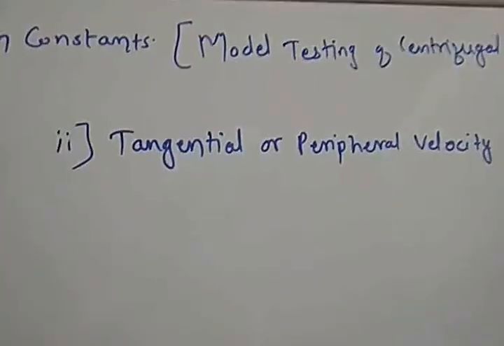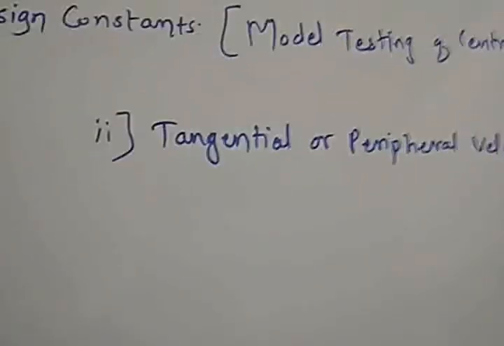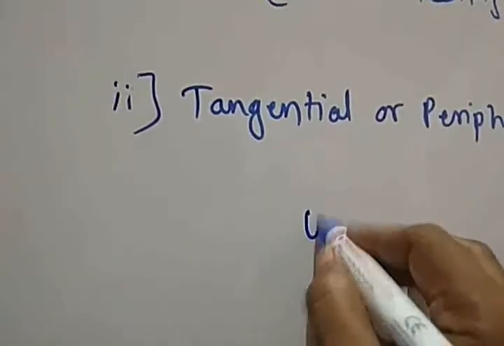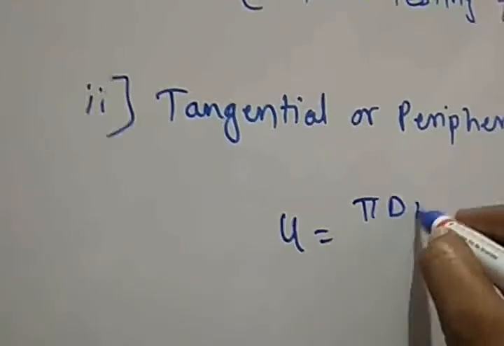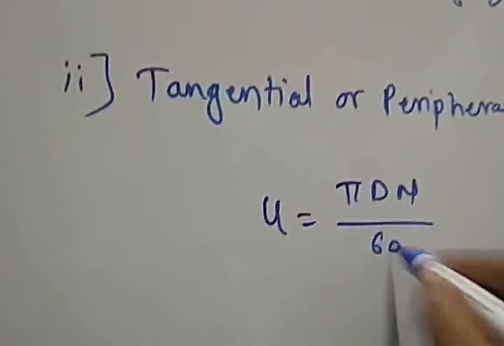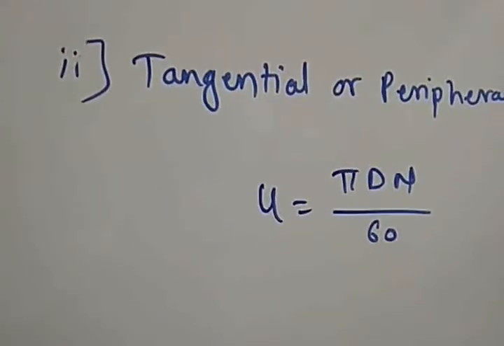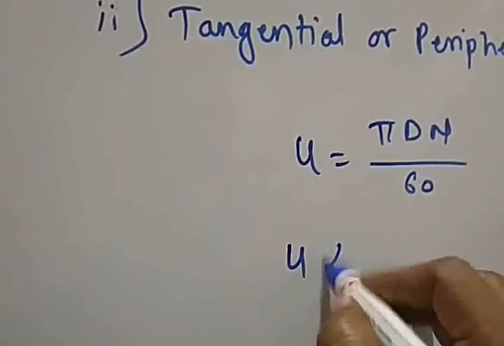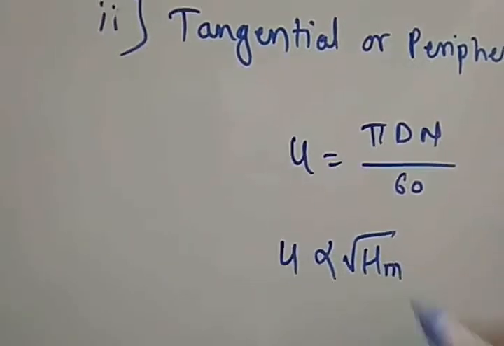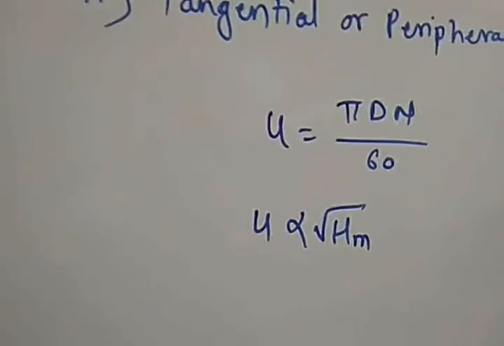The next condition is tangential or peripheral velocity. We know that the tangential velocity u is given by pi dn divided by 60, but u is proportional to root hm, that we have already seen.